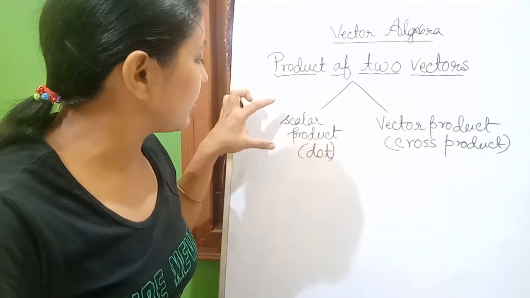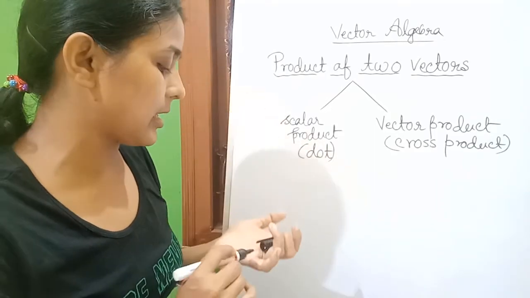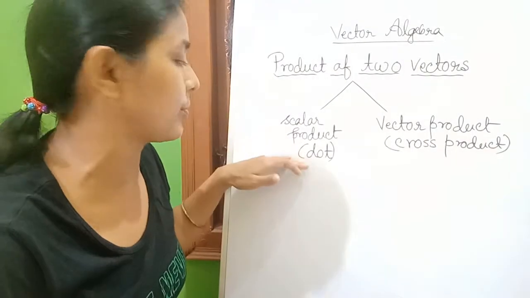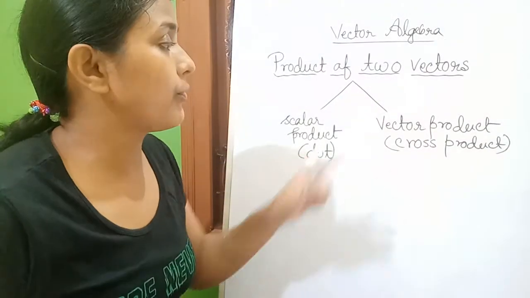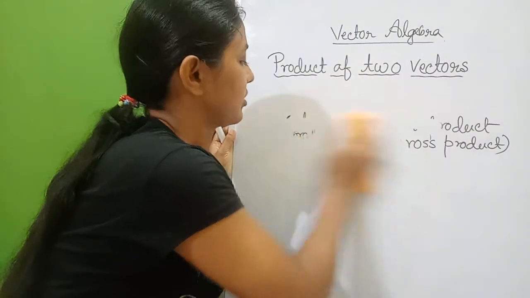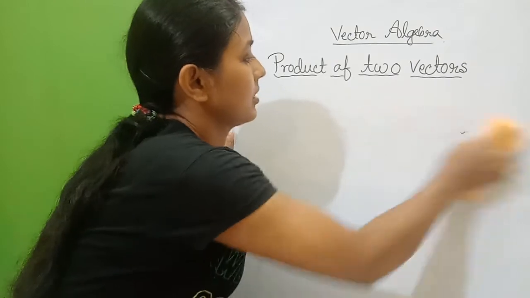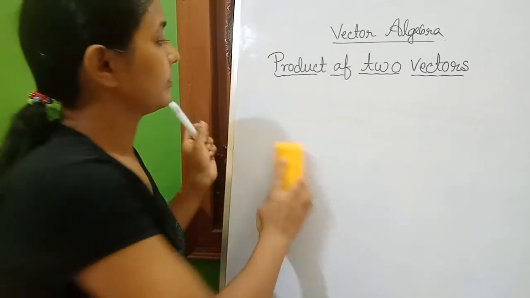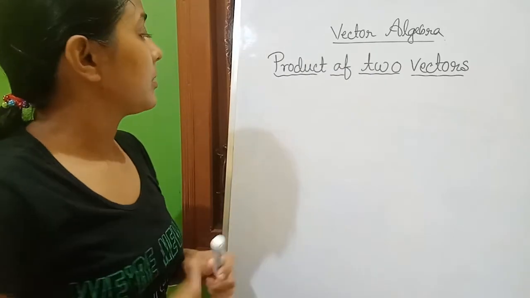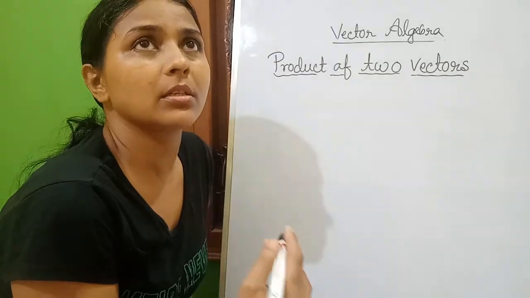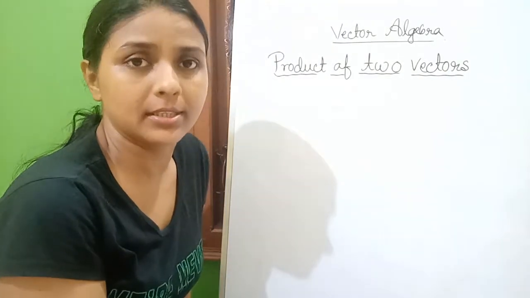Now first we will discuss everything about scalar product of two vectors or dot product of two vectors. So vector product or cross product we will be discussing later on. Okay. Now dot product, what does it mean, which type of thing is it?